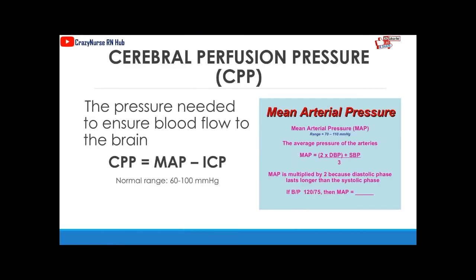There may be local areas of swelling and compression limiting regional perfusion pressure. Thus, a higher CPP may be needed for these patients to prevent localized tissue damage. For example, a patient with an acute stroke may require higher BP, increasing MAP and CPP in order to increase perfusion to the brain and prevent further tissue damage.